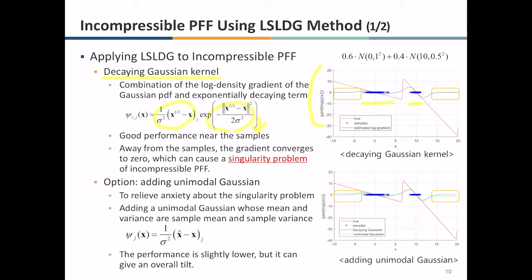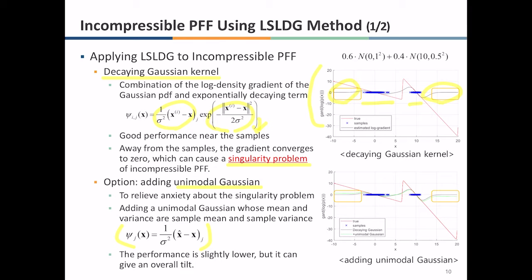However, far from the samples, the gradient value converges to zero because of the decaying term, and for incompressible PFF, when the gradient value becomes zero, singularity problems may occur. Therefore, we propose one option to relieve worries about this singularity problem. The method is to add a unimodal Gaussian kernel with the mean and variance of the samples at the sample mean point.